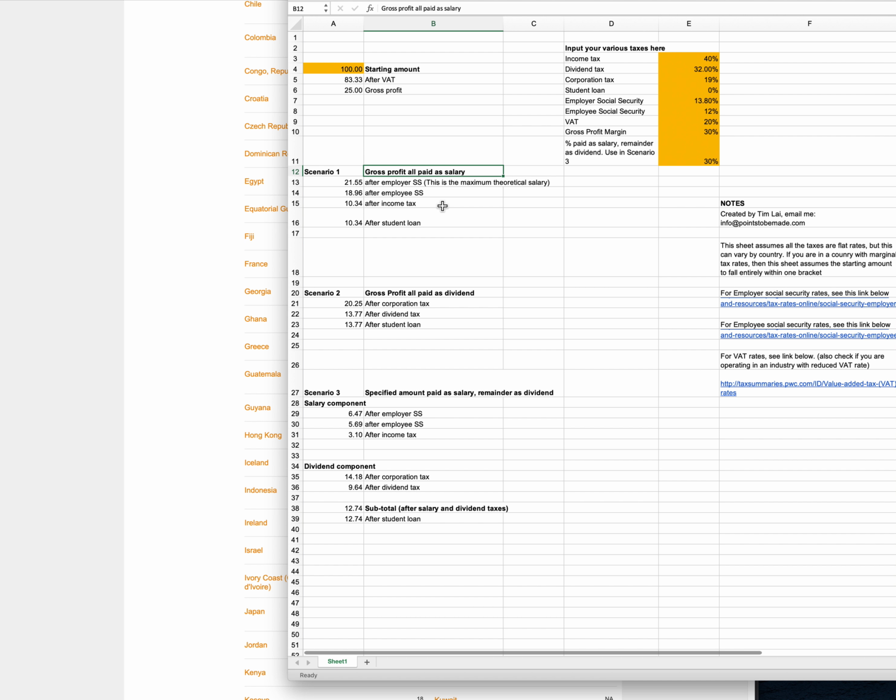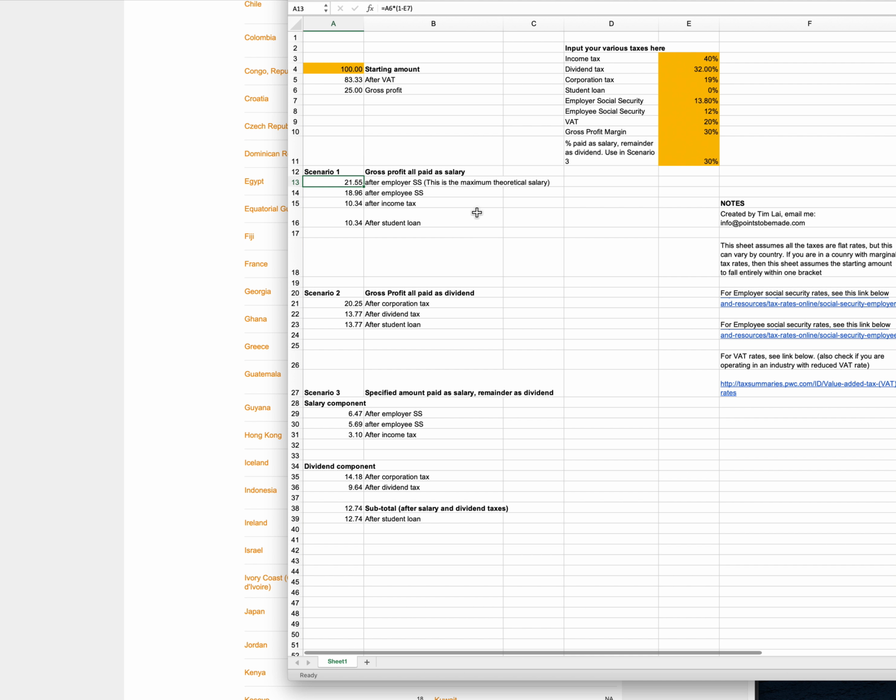So scenario one, we've got the gross profit, but we're assuming that your own salary has not been paid yet. So you have to think about the employer social security, national insurance. So already 21% out of the 100 that you start with is the theoretical maximum your salary can be. This is assuming the business has no net profit, because your own salary will need to be taken into account.